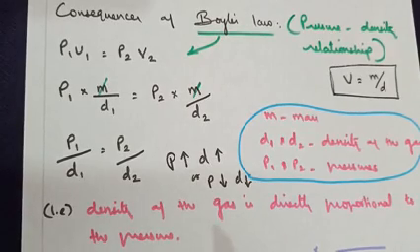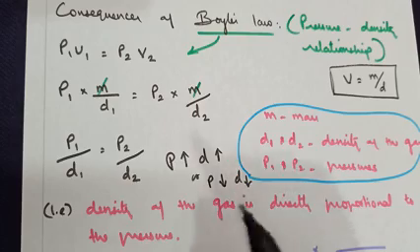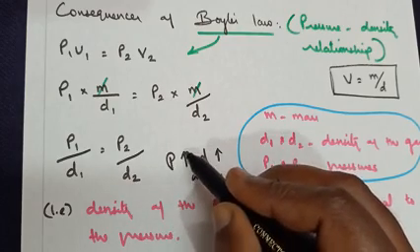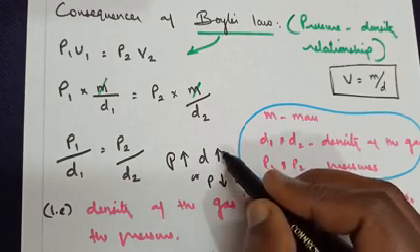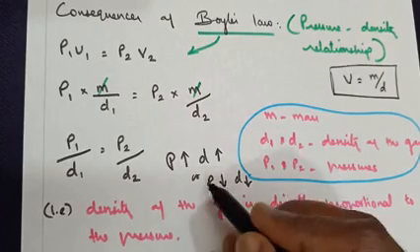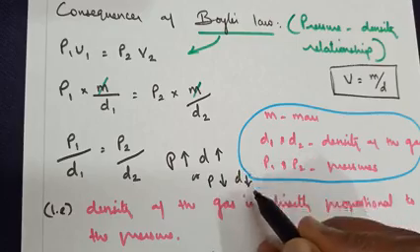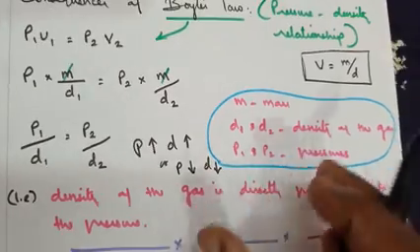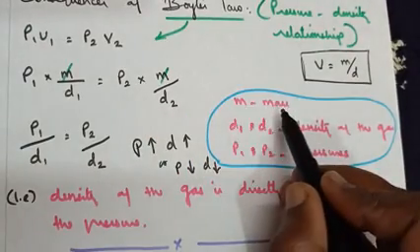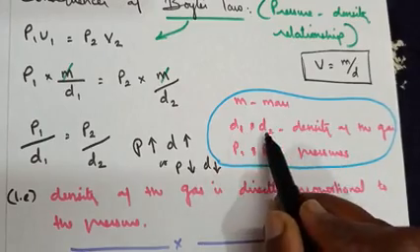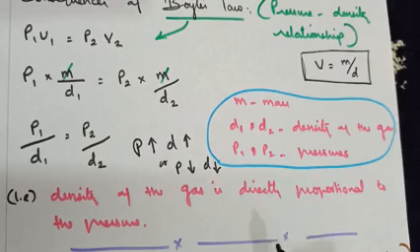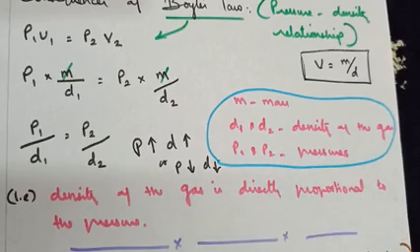So what is the final conclusion in terms of density? When the pressure increases, density also increases, or when the pressure decreases, density also decreases. In this short derivation, M is mass, D1 and D2 are the density of the gas, and P1 and P2 are pressures.